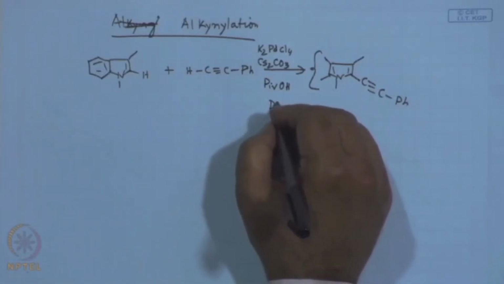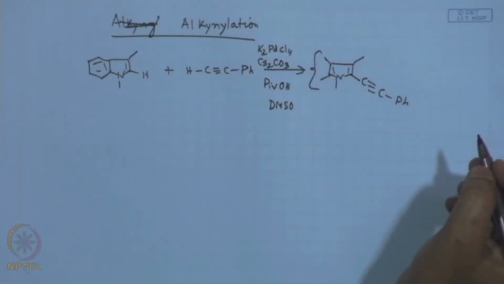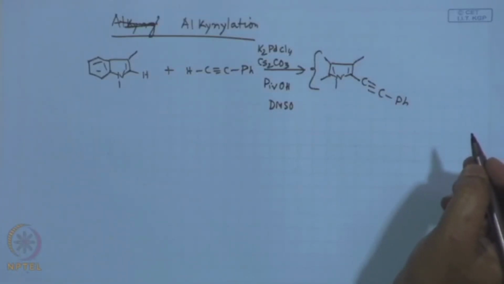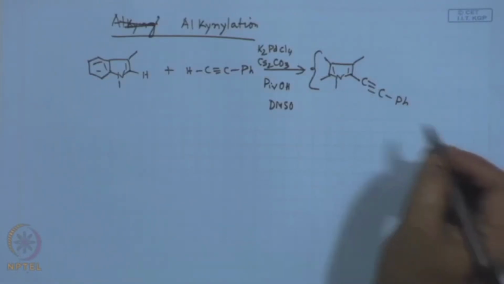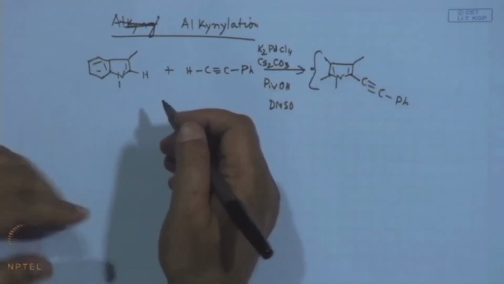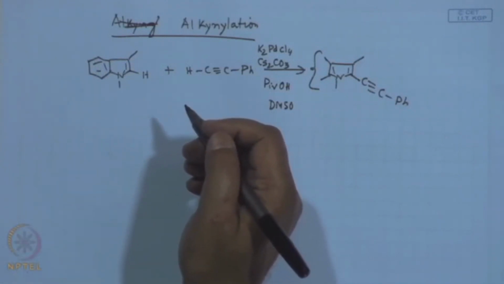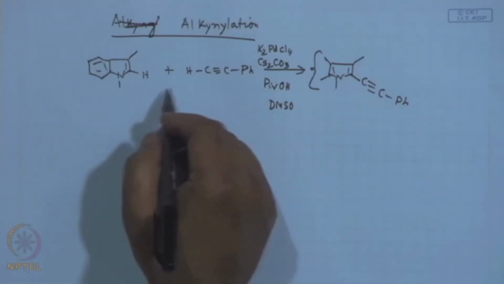Of course, a solvent is required. And now, do we need any oxidizing agent? Basically you have to compare the starting material and the product. You do not even have to count the oxidation levels of the starting materials and the products. In this case, it is so simple.